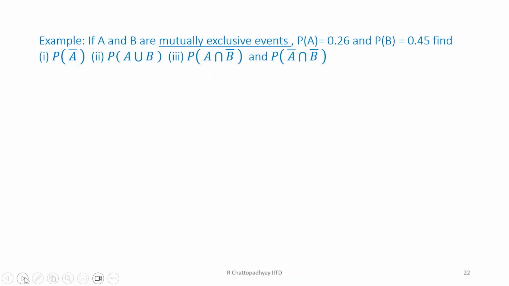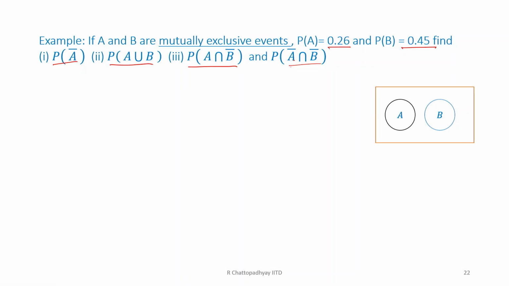Another example: if A and B are mutually exclusive events, and P(A) is given 0.26, P(B) is 0.45, find P(A bar), P(A union B), P(A intersection complement of B), and P of complement of A and complement of B together.